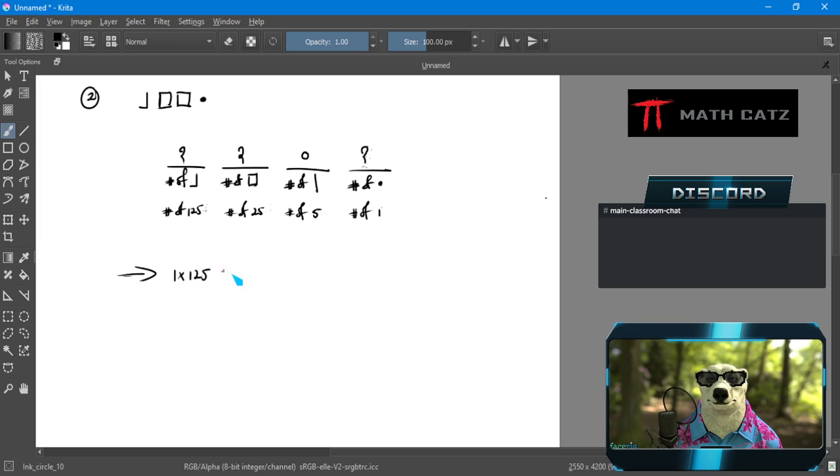If we now convert it to a decimal number, plus two groups of 25, plus zero groups of 5, plus one group of 1, and then we'll get our answer, which is 176. So that will be decimal.